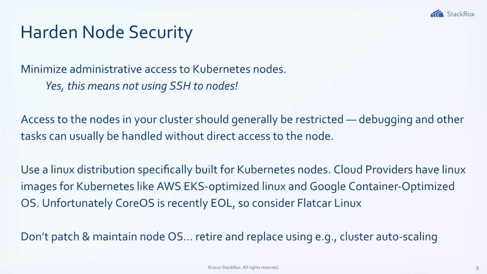The other part of hardening node security is, I want you to think about what you're running here, right? You're running something that is dedicated to running Kubernetes. You really don't need a general purpose operating system running general purpose services. And this should go as far, and here's one of my controversial recommendations, you should have very little access yourself. Even if you're provisioning this for your team and you're in charge of infrastructure, you really shouldn't be able to SSH to the nodes.